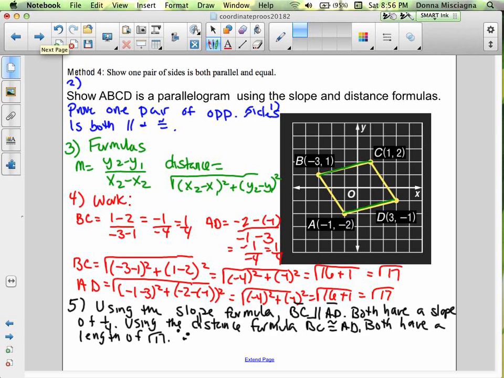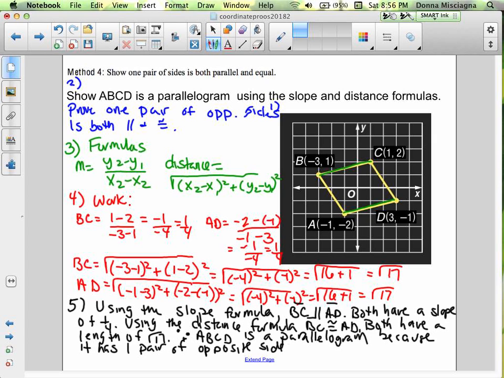Therefore, ABCD is a parallelogram because, and we have to say why, it has one pair of opposite sides that are both, and it's fine to put symbols in, that is universally understood as parallel, and this is universally understood as congruent.